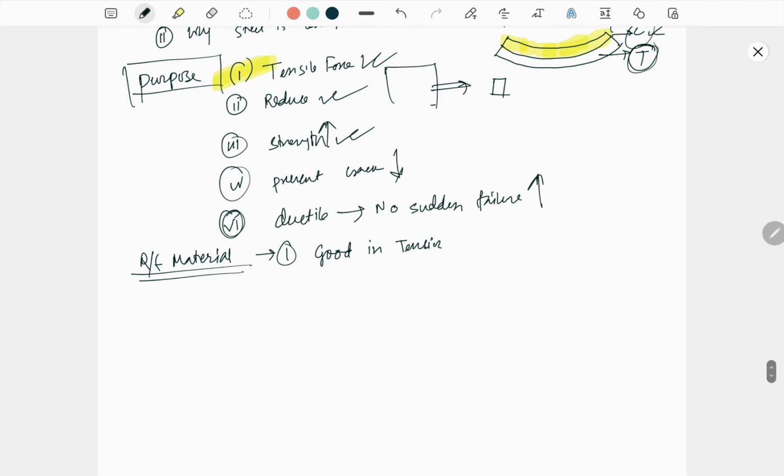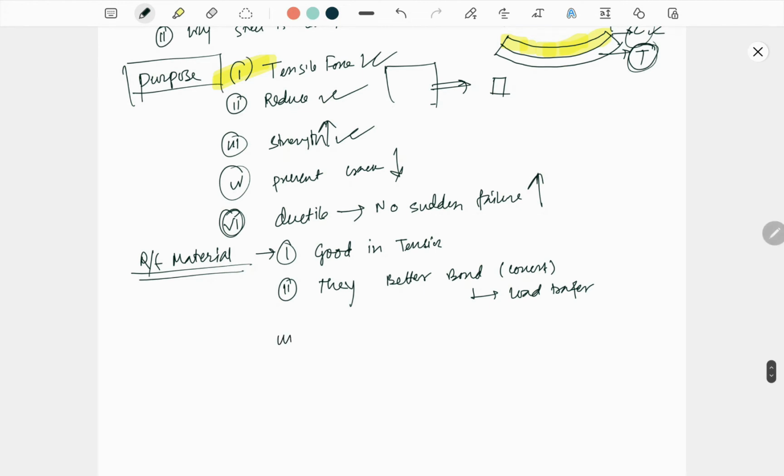Point number two, they provide better bond with concrete. So better bond means better load transfer, and better bond means better strength. Number 3, these are easily available.